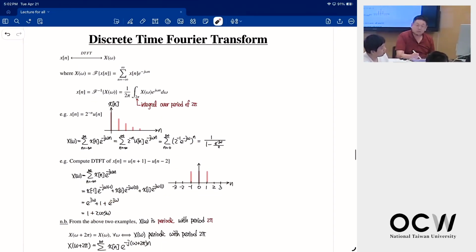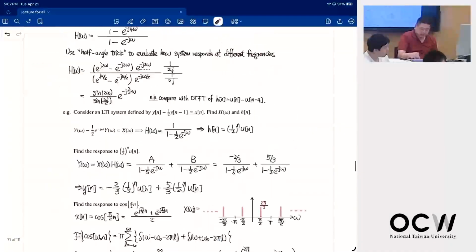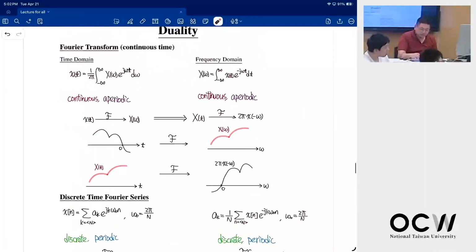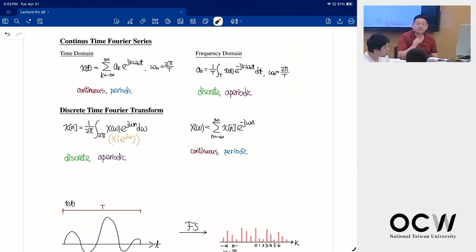Those are just periodic, and the period is 2 pi. Okay. Now you can think that if I do the Fourier transform, that means the signal is aperiodic. Otherwise, I can do the Fourier series.